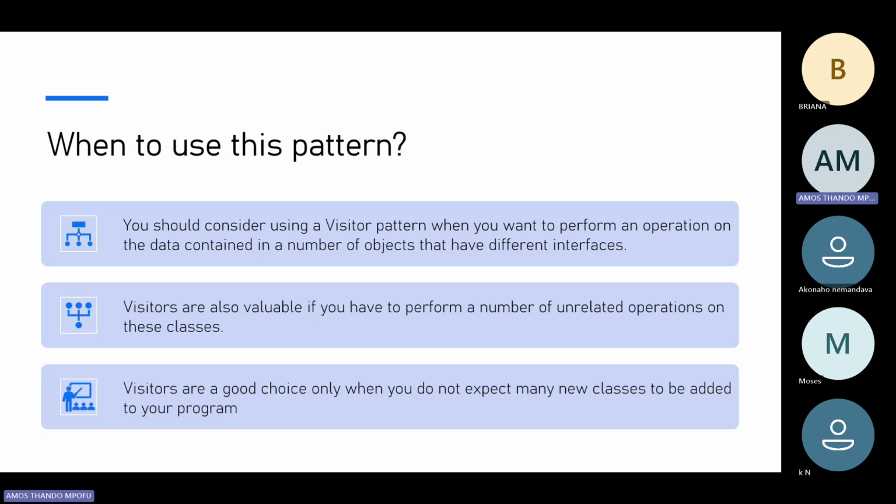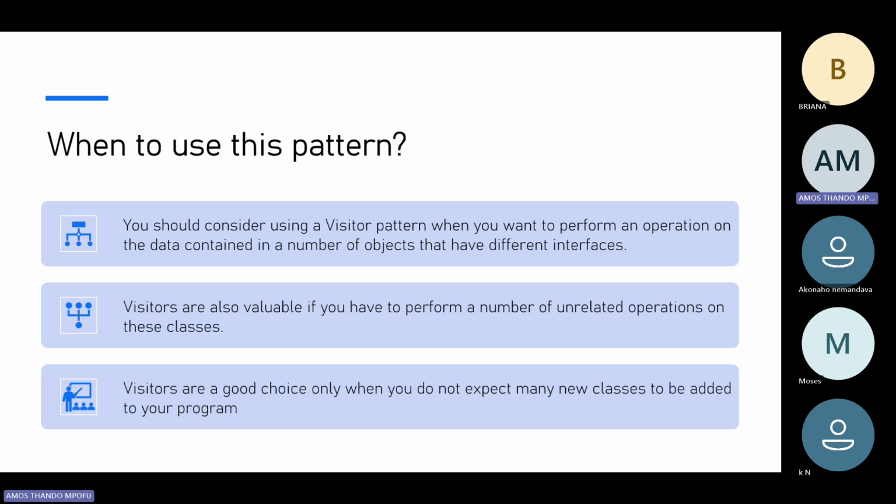If each of these objects has different interfaces, basically they're unrelated, and each of these interfaces has an operation that needs to be performed on the data, and it's unrelated. Therefore, you can use a visitor design pattern.